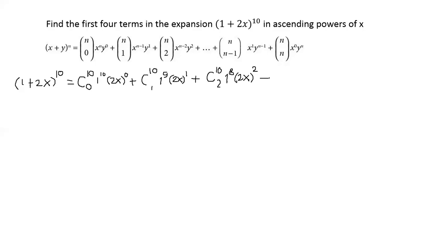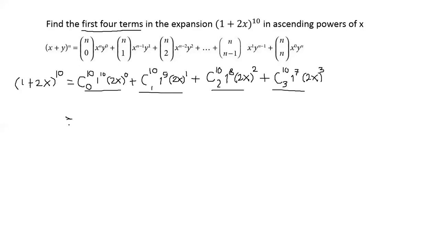Okay, and the fourth term, combination 10 taken 3, 1 to the power 7, and (2x) to the power 3. Recall that we just find the first 4 terms. So there is the first term, second term, third term, and fourth term.